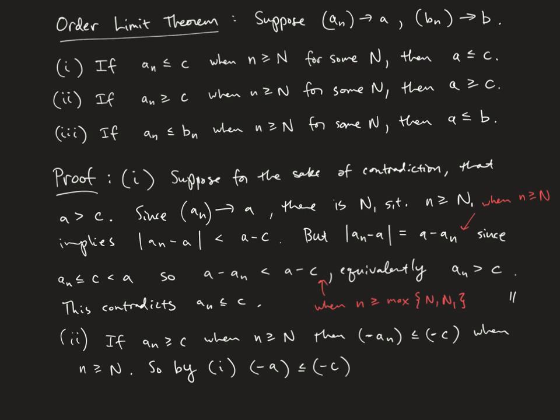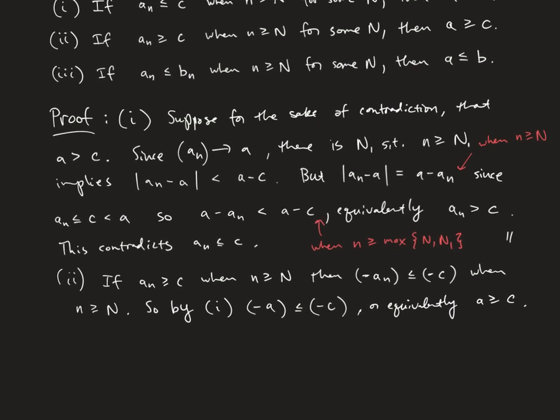So by 1 we have that, or equivalently, A bigger than or equal to C. So that's just straightforward.